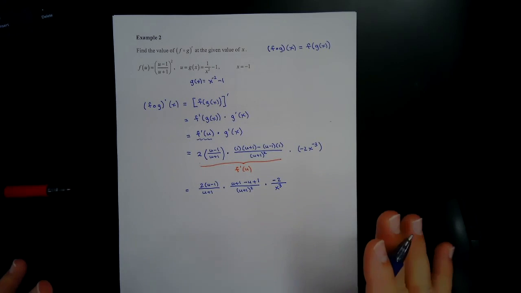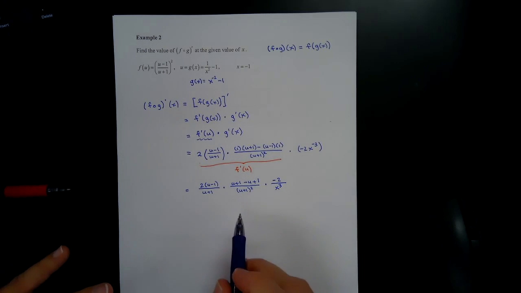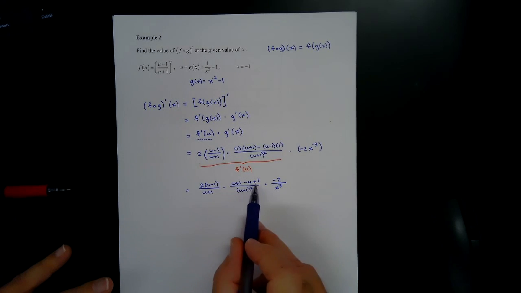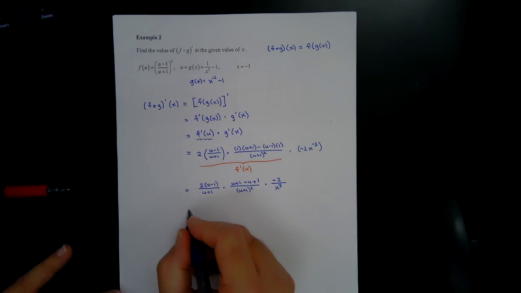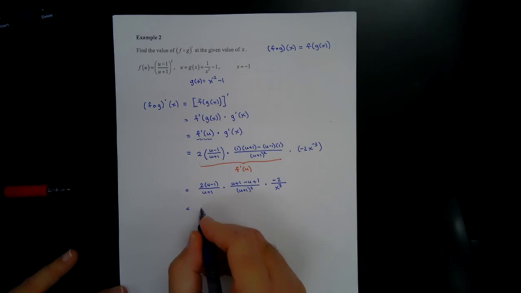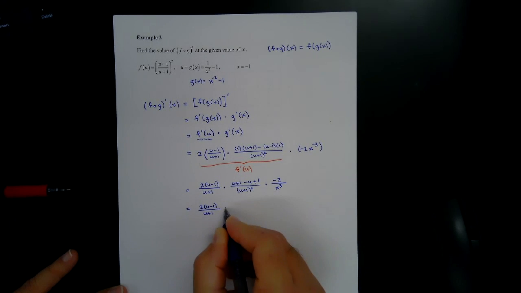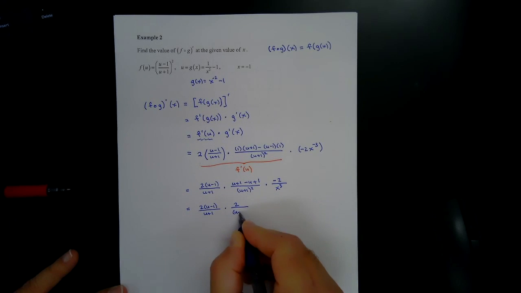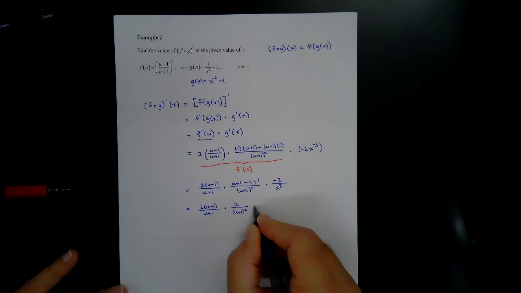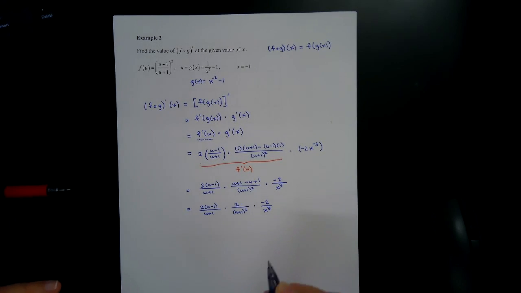Now we can clean this up a little bit more. This numerator is just going to be 2. So what we have is 2 times u minus 1 over u plus 1, times 2 over u plus 1 squared, times negative 2 over x cubed.